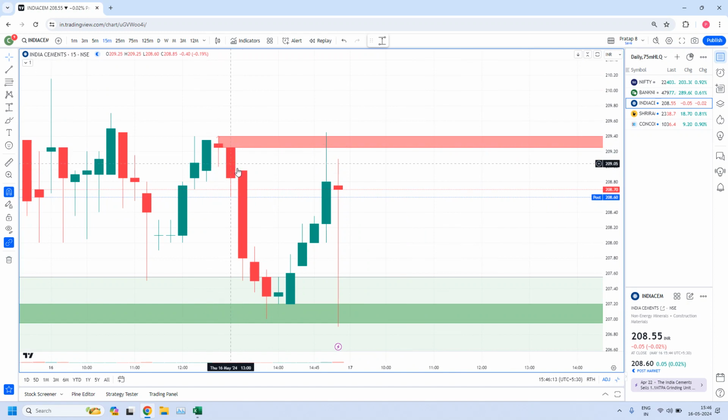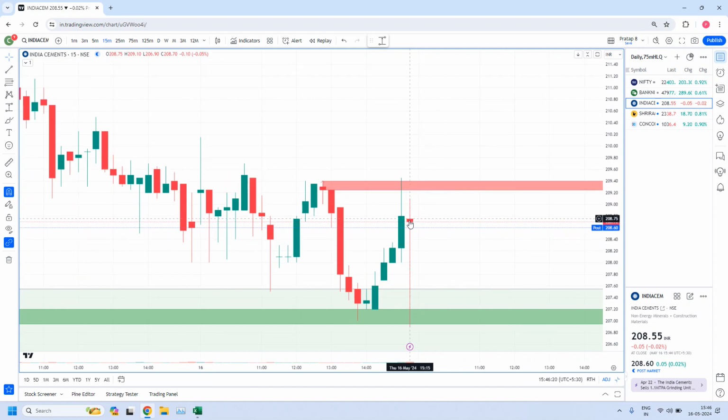We have a rally, base, a drop and follow through candles. And finally, see the last 15 minutes candle, even though we did not consider this trade, once again it came, slightly pierced and again see the pushback.